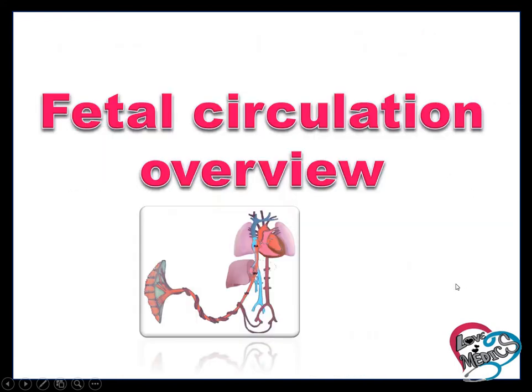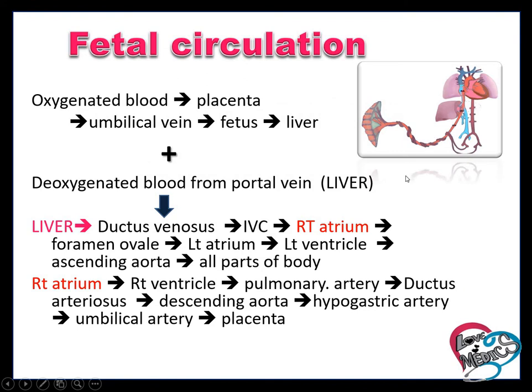Fetal circulation overview. The oxygenated blood is carried from the placenta by the umbilical vein to the fetus, and it passes into the liver. The deoxygenated blood from the portal vein also passes into the liver, and then the blood passes into the ductus venosus, which is connected with the inferior vena cava.